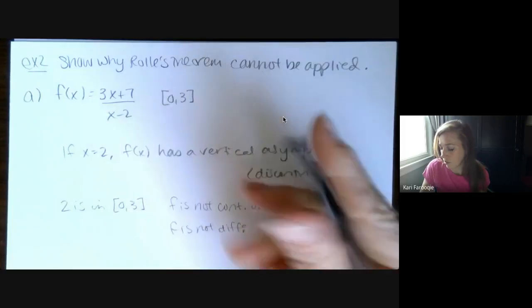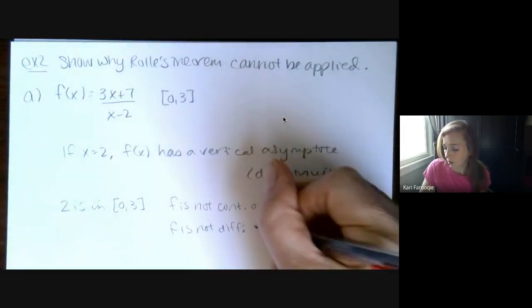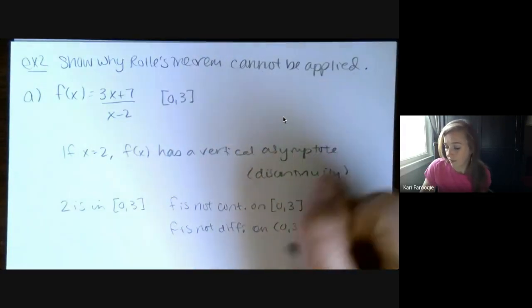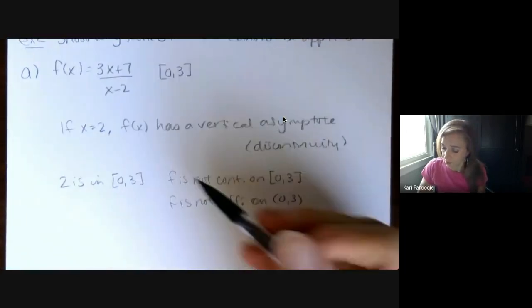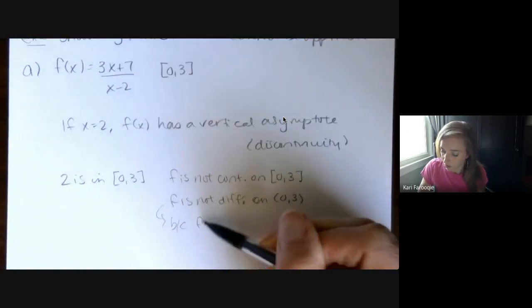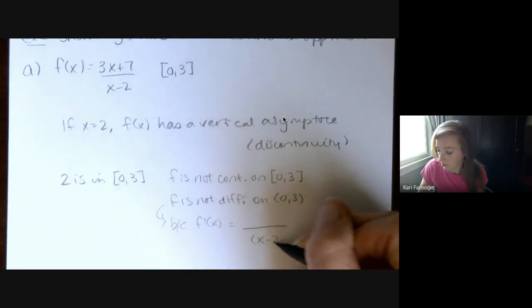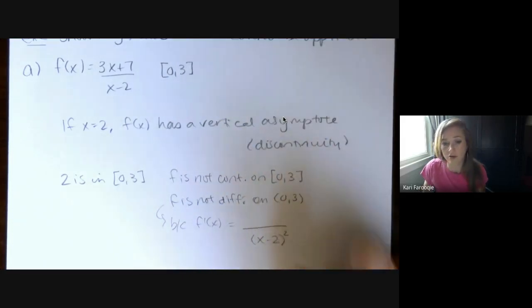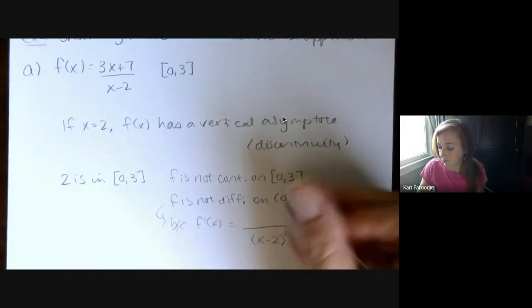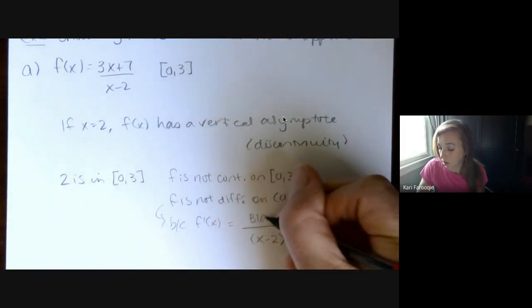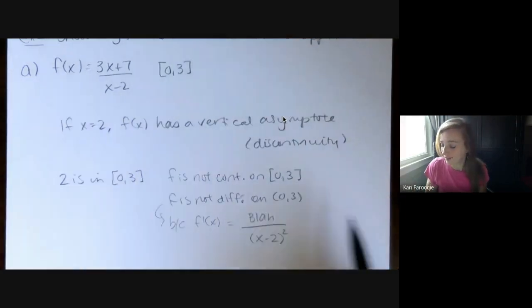Let's abbreviate that. On 0 to 3. And then we could say this is because f prime of x equals, and who cares what's in the numerator, but we know that the denominator is going to be, I'm just going to write a line, doesn't matter, the denominator is going to be (x - 2) quantity squared.